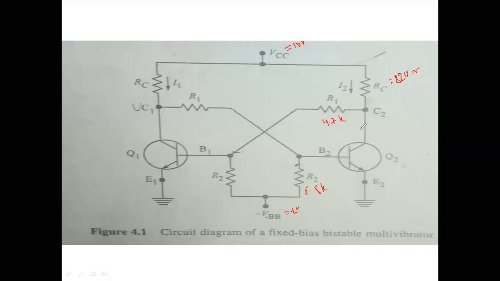And for VCE SAT, I can assume that this may be your off transistor and this may be your on transistor. Therefore this is your VCE SAT. Your on transistor VCE SAT is 0.25.